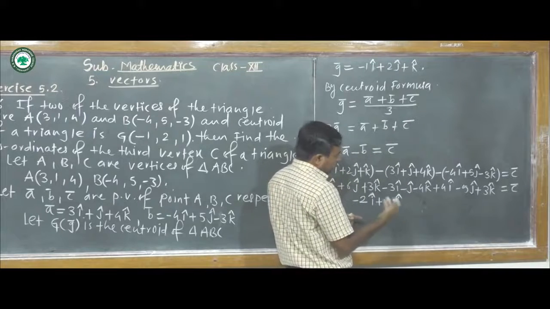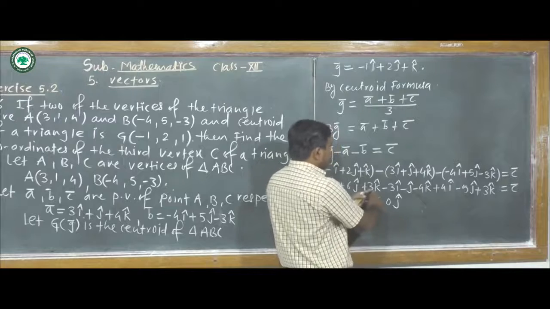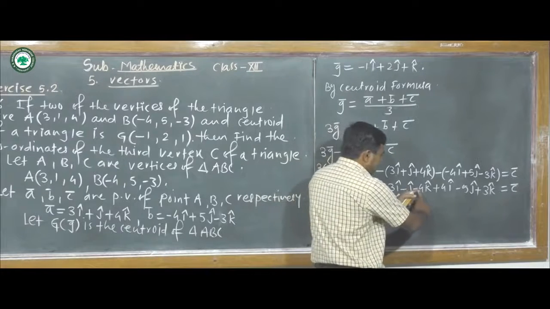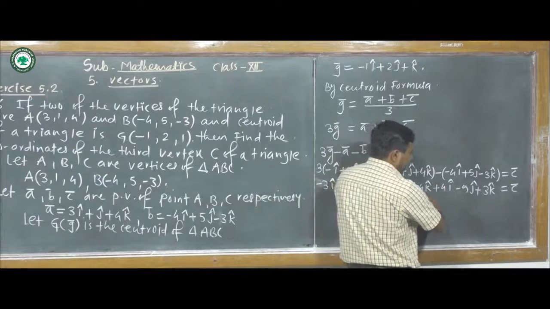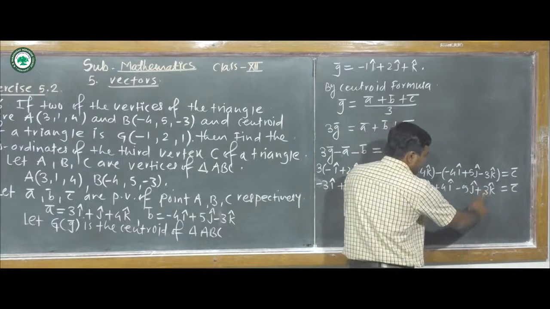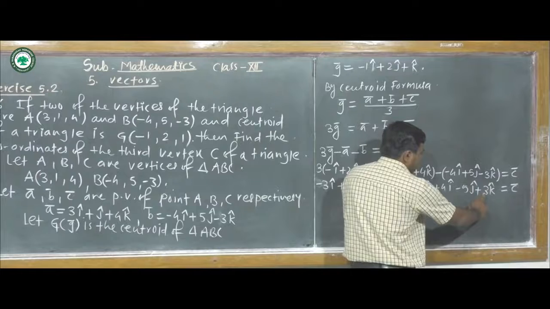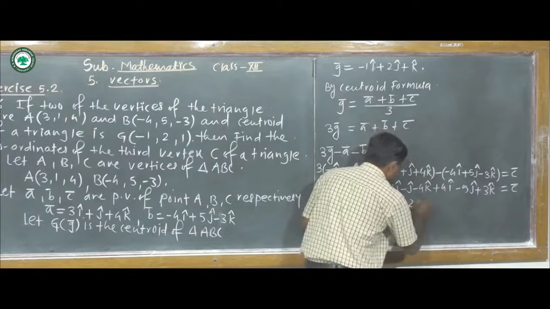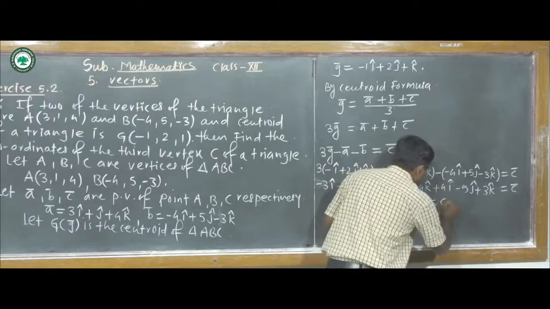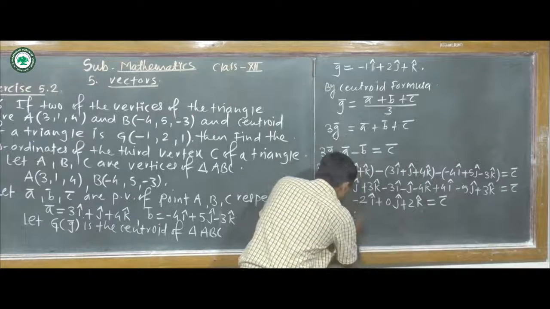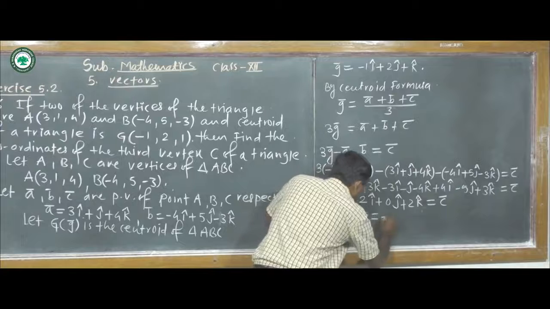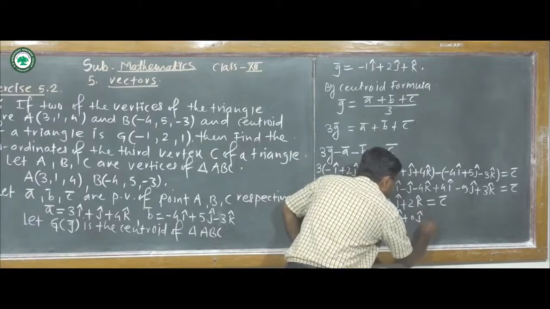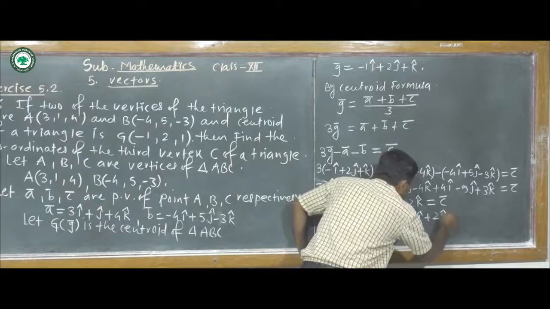For k cap: 3 - 4 + 3, that is -1 + 3, which is 2k cap. So c bar is equal to -2i cap plus 0j cap plus 2k cap.